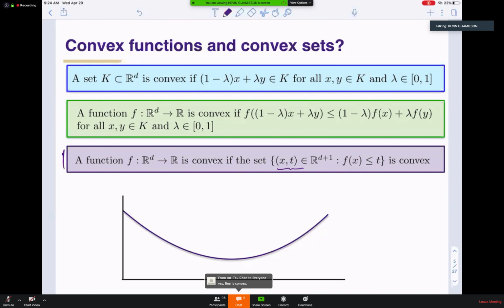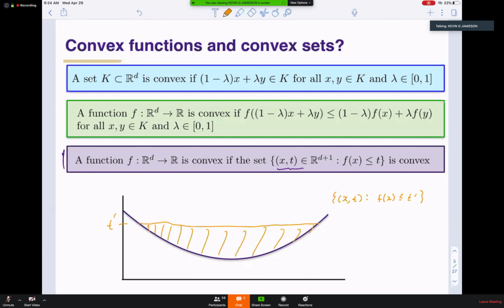So what is that? Let's just pick one particular t, say t prime. Then the set of x and t such that f of x is less than or equal to t prime is going to be this set right here.